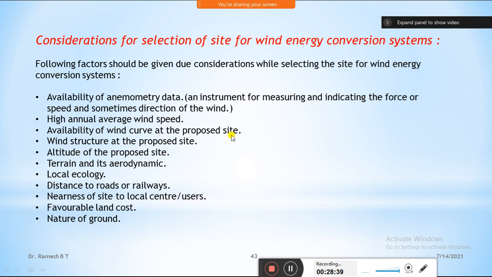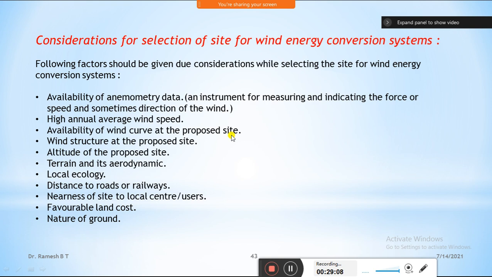If the users or local centers are very far, it needs a transportation system with very large lines, and that may cause some losses. If we generate 100 megawatt, finally we may get only 60 megawatt; 40 megawatt is wasted in transportation. That is another problem, so it is better to install very near to the local centers or users.